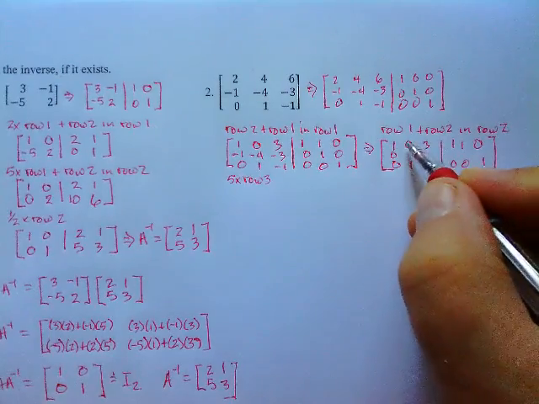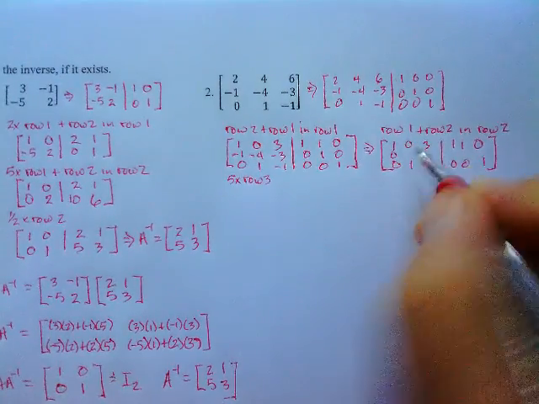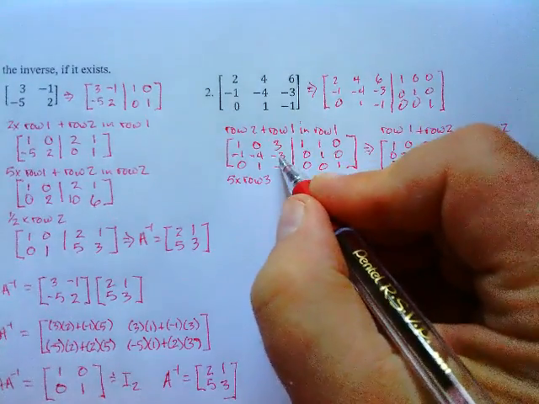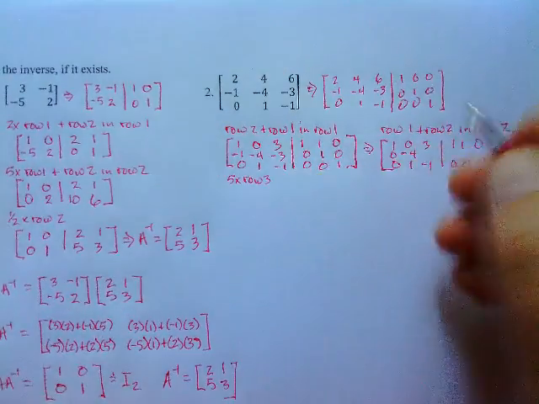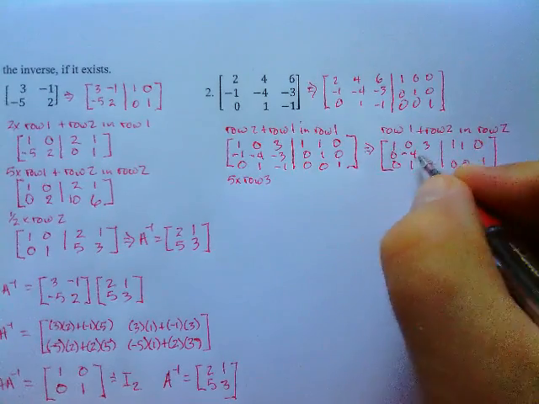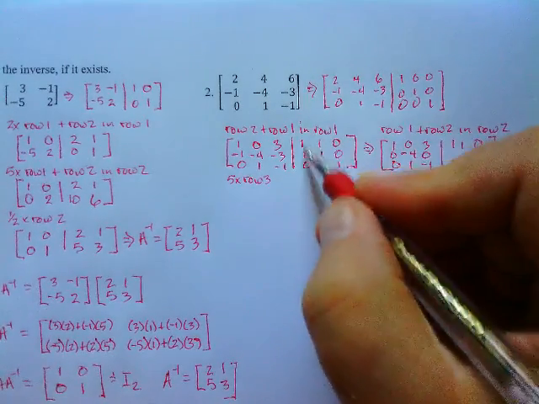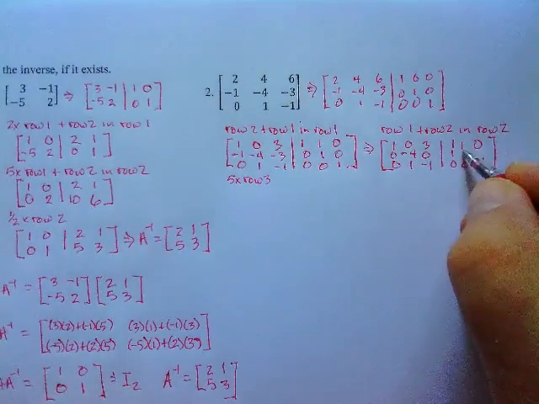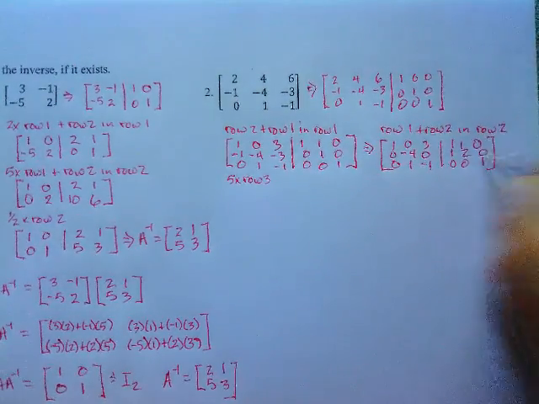Oh wait, excuse me, I'm adding rows 1 and 2. So 0 and -4 gives me -4, and 3 and -3 give me a 0. And then I have 1 and 0, so that's a 1. 1 and 1, that's a 2. 0, 0, that's a 0. So there's that one.